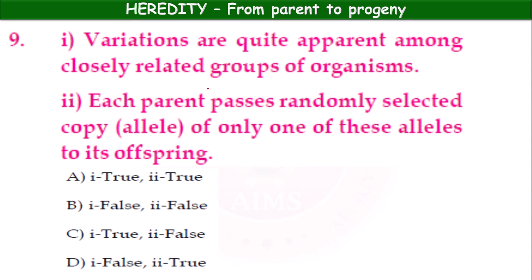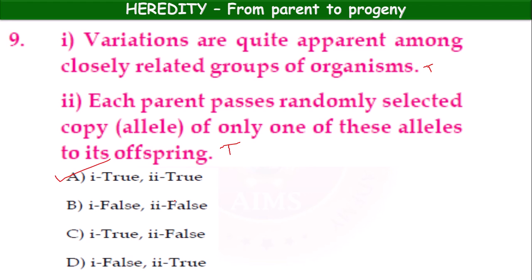Here the first statement, the variations are quite apparent among closely related groups of organisms. Yes, it is true. Okay. Each parent passes a randomly selected copy allele of only one of these alleles to its offsprings. This is also true. So, here both the statements are true.